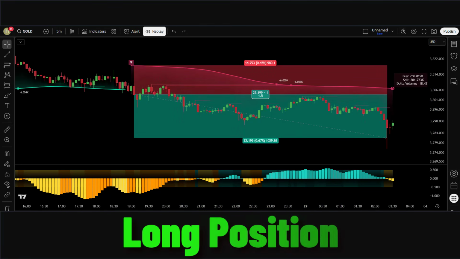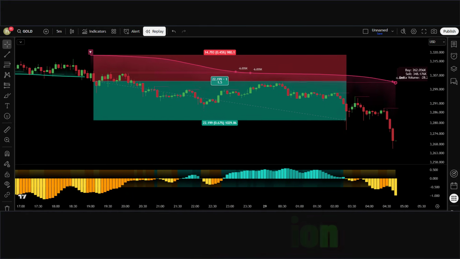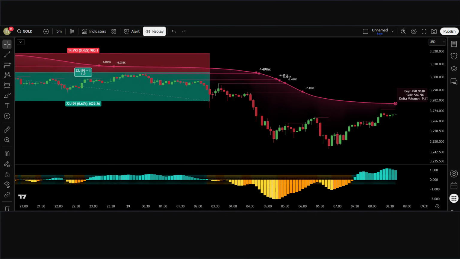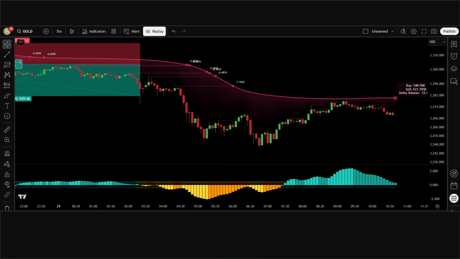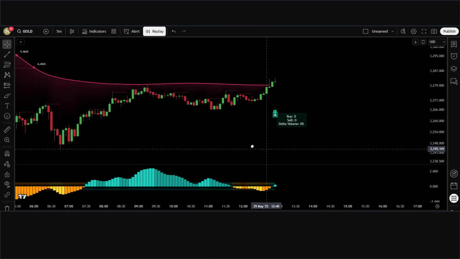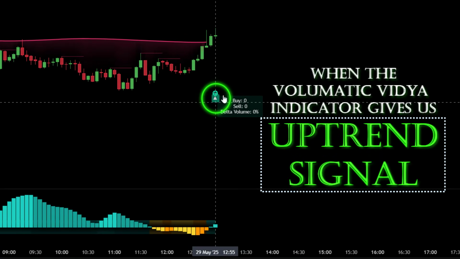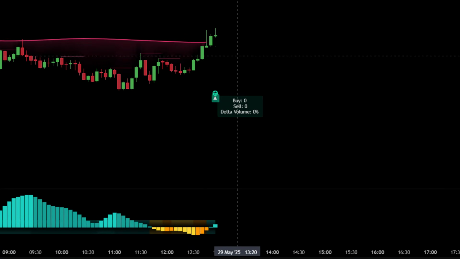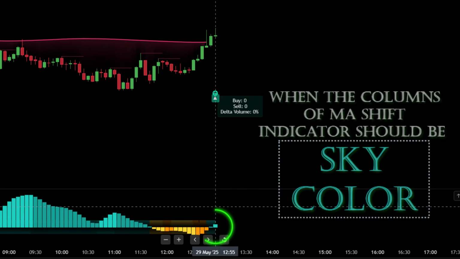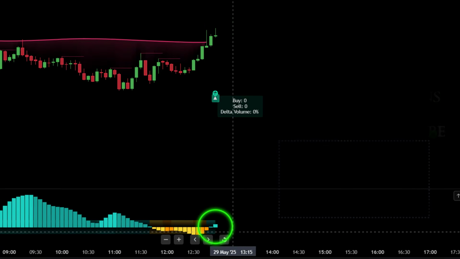Now let us understand long position. When the Volumetric VDA indicator gives us uptrend signal. When the market has formed a bullish candle. When the columns of MA Shift indicator should be sky color.